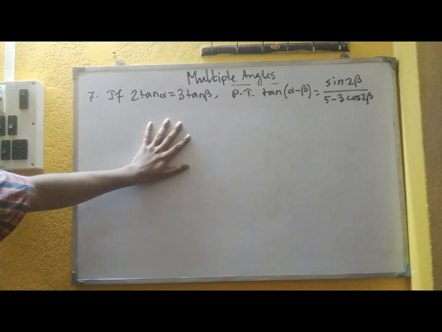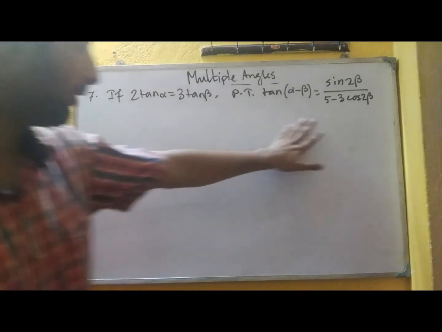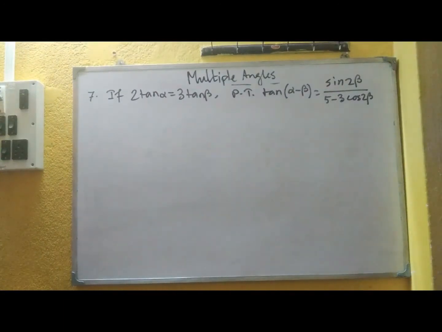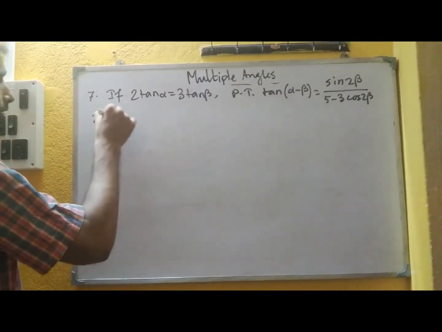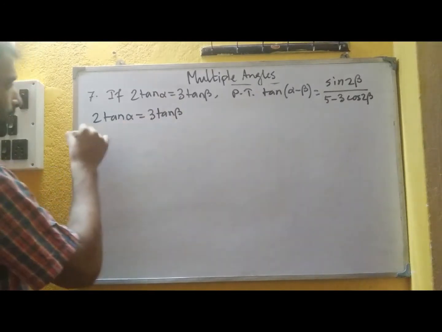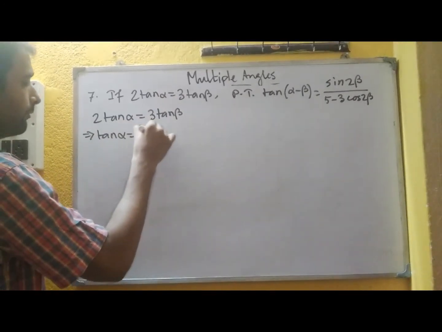And in the formula of tan alpha minus beta, we have tan alpha minus tan beta by 1 plus tan alpha tan beta, and we have to convert the whole thing into beta. So that's why we have to put the value of tan alpha in terms of tan beta. That's why from the given condition, we are finding the value of tan alpha in terms of tan beta. And that should be 3 by 2 tan beta.